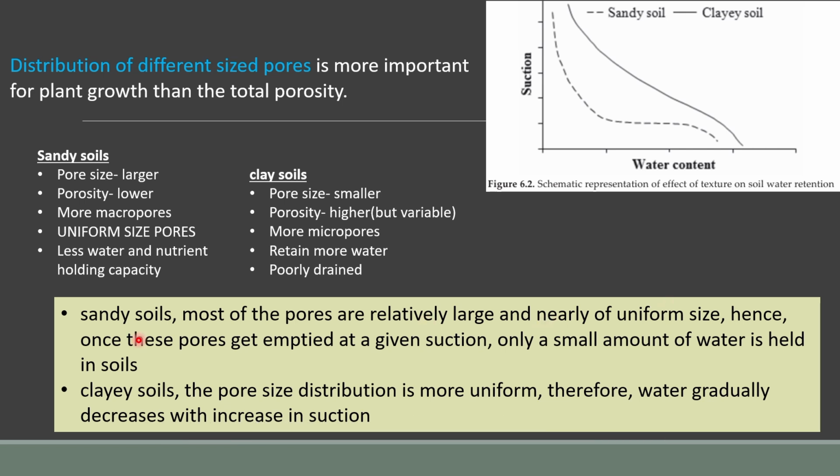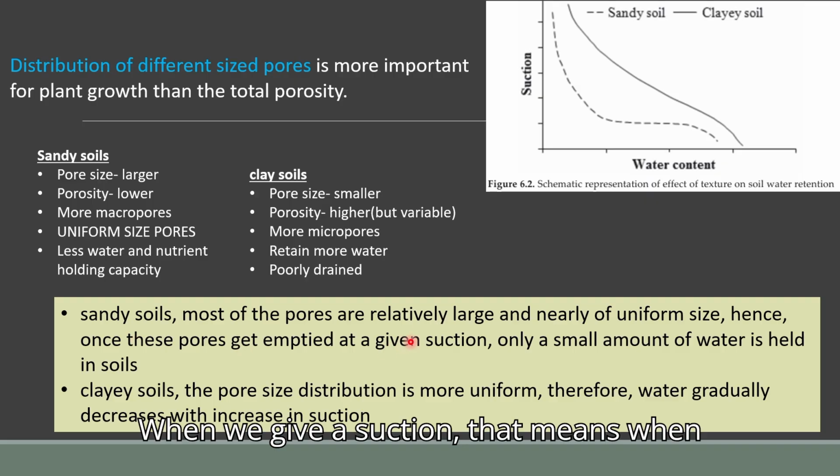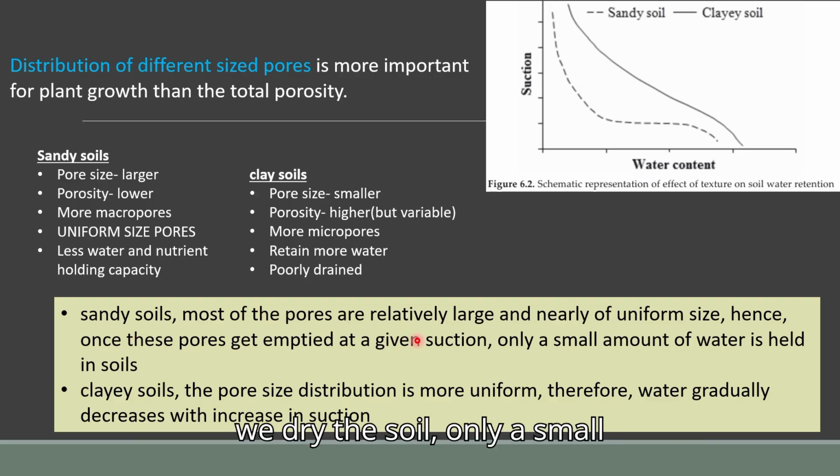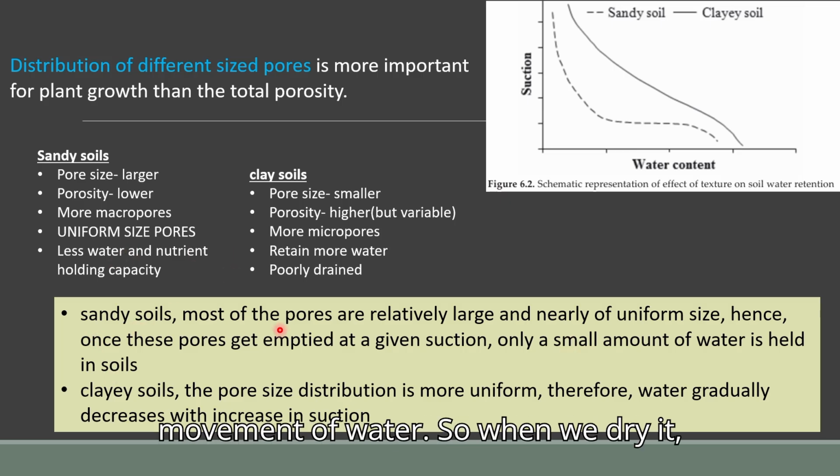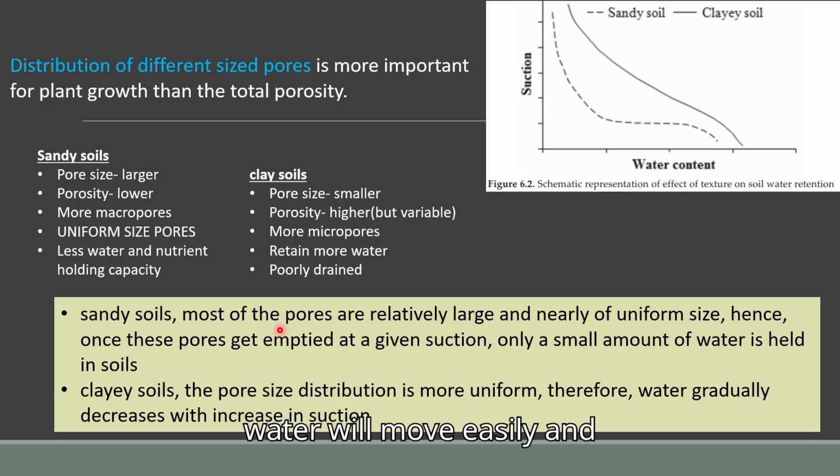So when we give a suction, that means when we dry the soil, only a small amount of water is held in the soil, because sandy soil allows the movement of water. So when we dry it, water will move easily, and at a given suction it can't hold water. That is the meaning of this sentence.